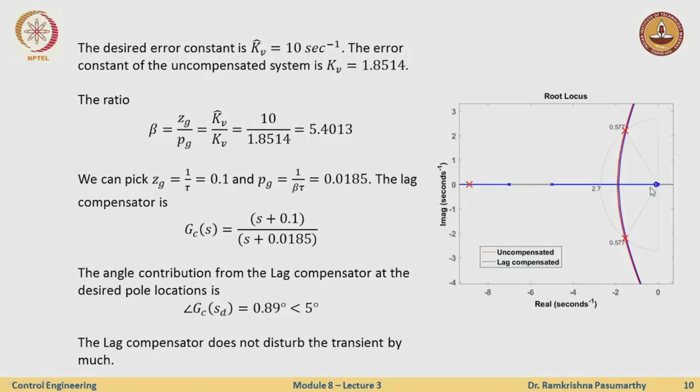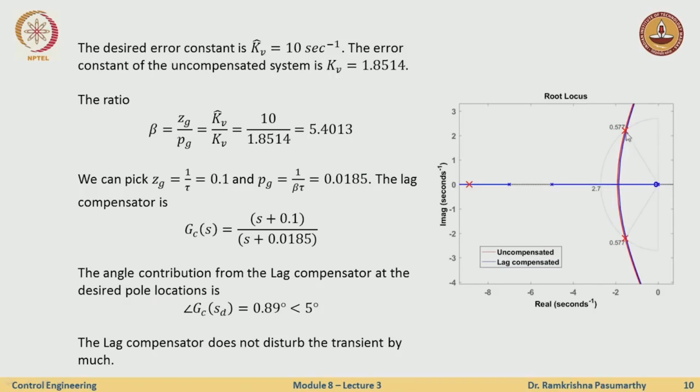But what we saw here is that we are improving the steady state performance with very little effect on the transients, and we could maybe alter this slightly to 0.09 and check such that the effect is minimal. It will never be the case that the red and the blue lines match completely.